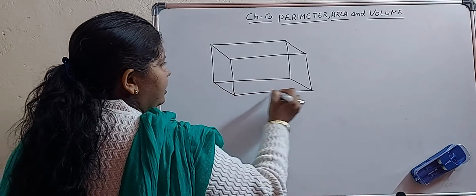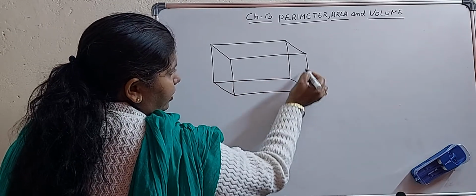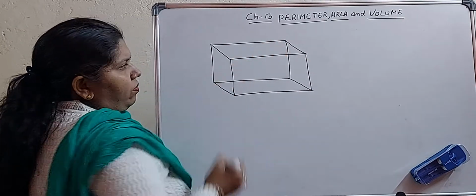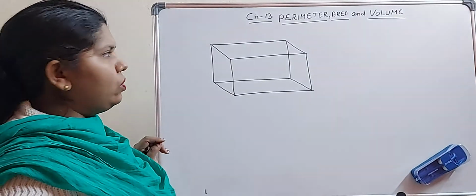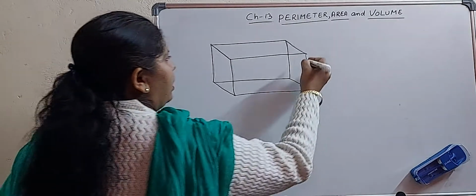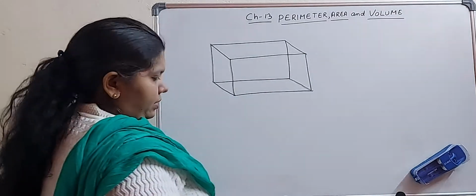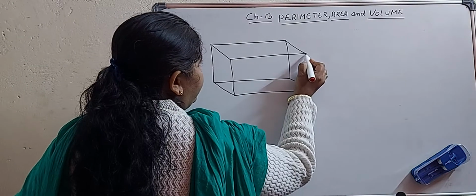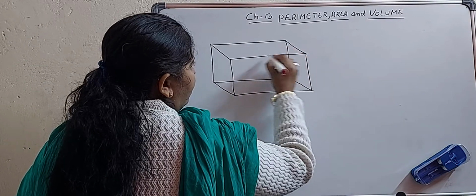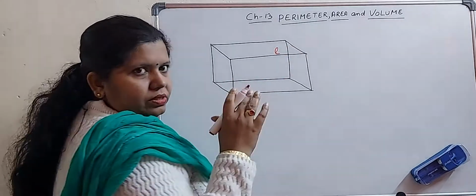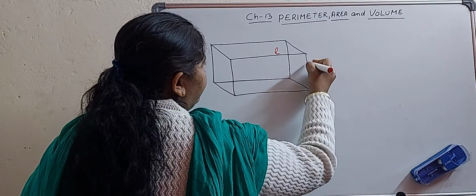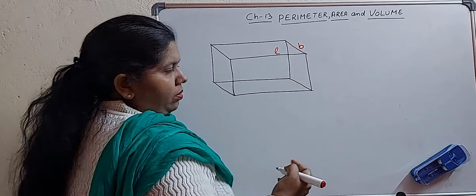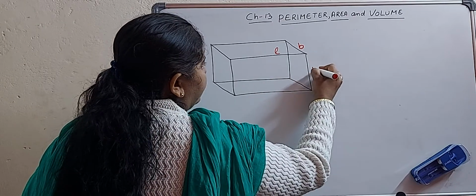If I consider this face and this face, they are not equal, and even the ceiling part is also not equal. If I consider one corner, then the longer edge coming out like this you take as L because it is the length, this one you take as breadth or width, and this one will be the height.